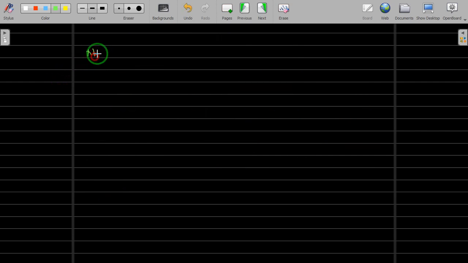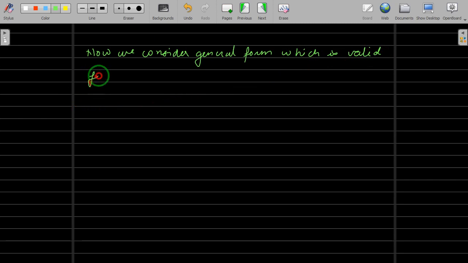So now we consider a general form which is valid for all values of the parameter lambda.